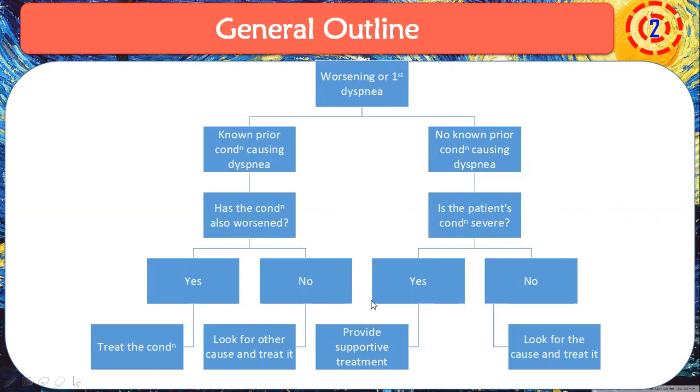If it's a yes, then we have to provide the supportive treatment first, followed by the diagnosis for the cause, and ultimately treating the cause. However, if the answer to the question, is the patient severe, is no, then we go straight on to look for the condition, that is history taking, examination, imaging, and laboratory investigation, and treat the cause.